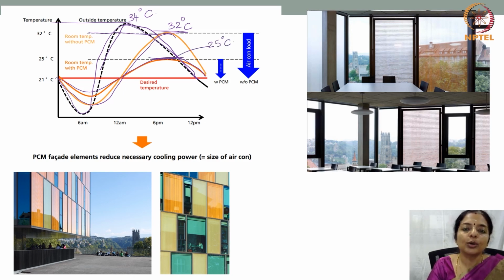So you can imagine how much the load on the air conditioner can be reduced when we use PCM integrated windows. This is the PCM integrated windows temperature graph from 6 a.m. to 12 a.m.